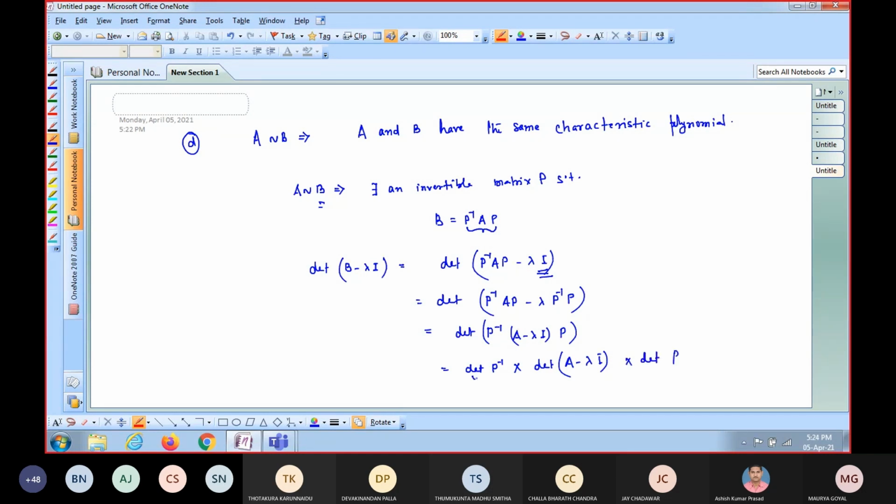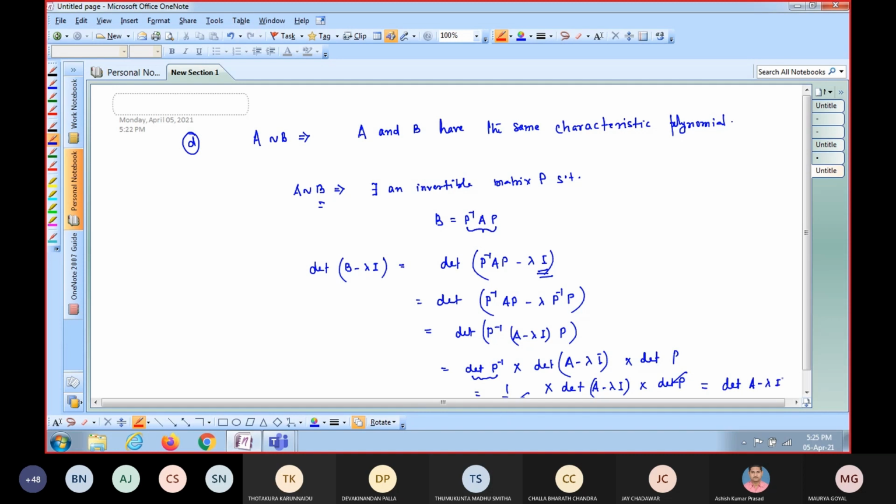And now what is the determinant of P inverse? This is 1 by determinant of P, into determinant of A minus lambda I, into determinant of P. So I cancel this. I am left with the determinant of A minus lambda I. Okay. So the characteristic polynomial of A and the characteristic polynomial of B are the same. And with this, I can add another property.